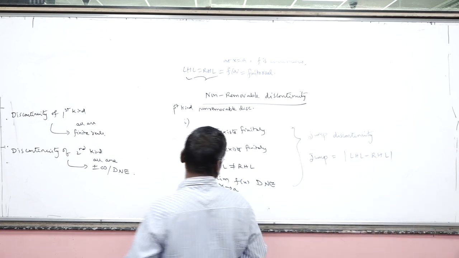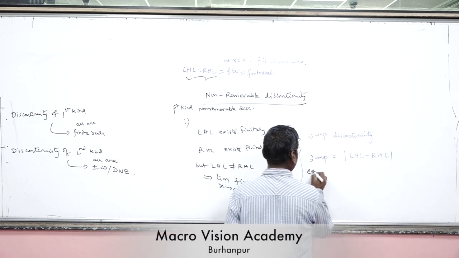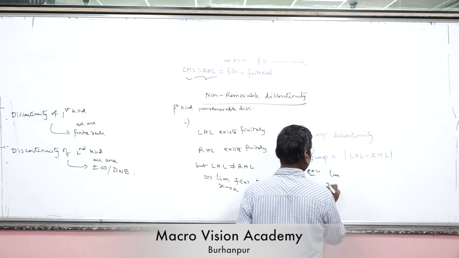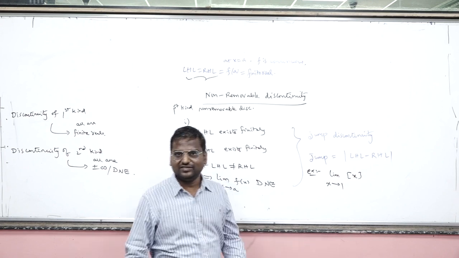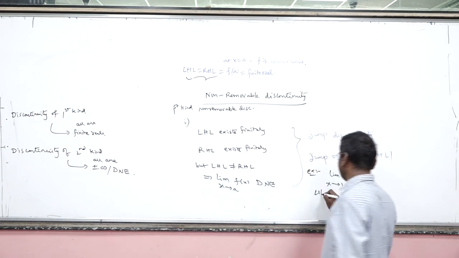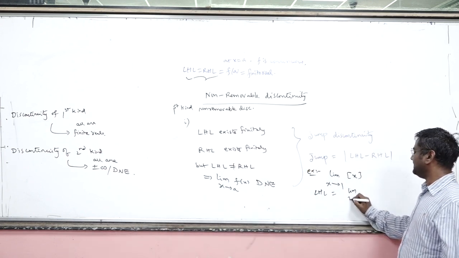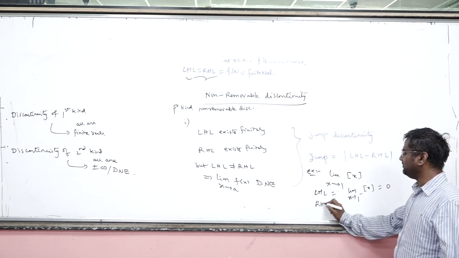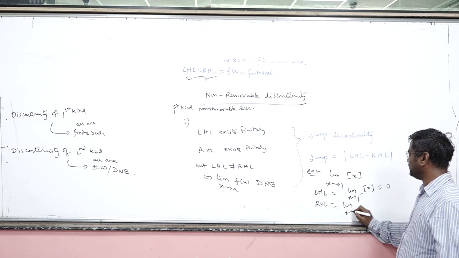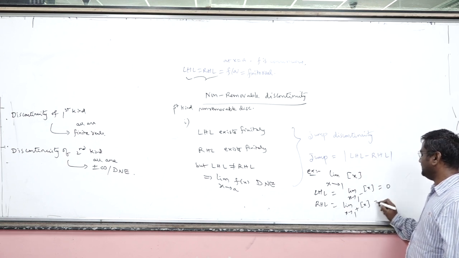One popular example would be the limit as x tends to 1 of step of x. That does not exist. Why? Because LHL, the limit as x tends to 1 minus of step of x, is 0. RHL, the limit as x tends to 1 plus of step of x, is 1.